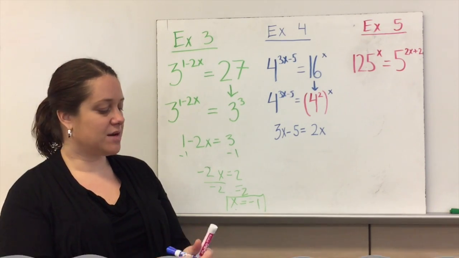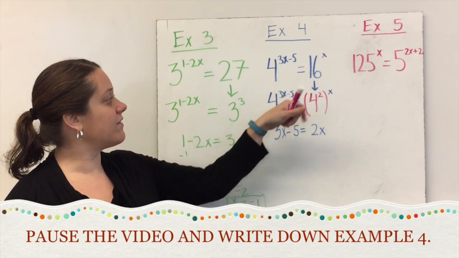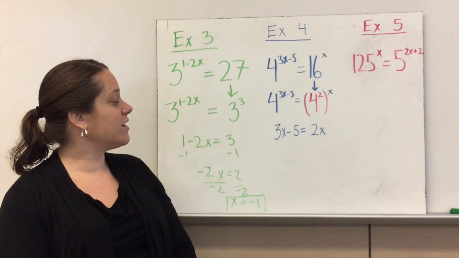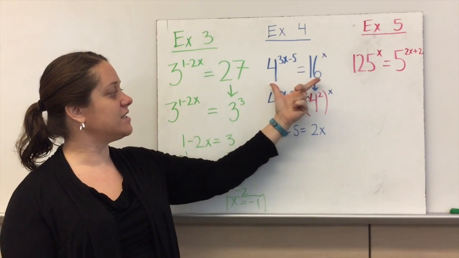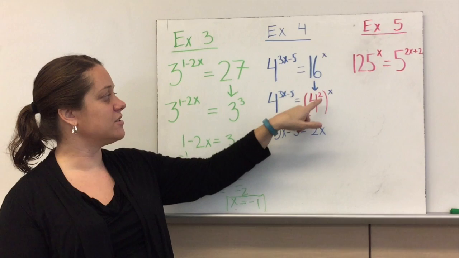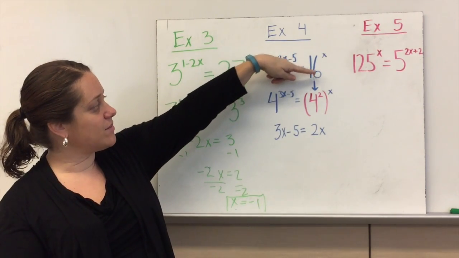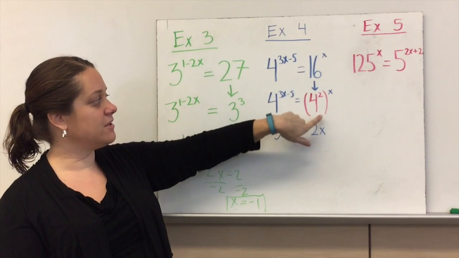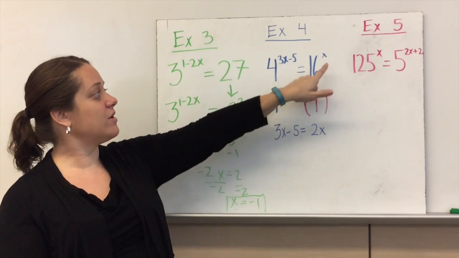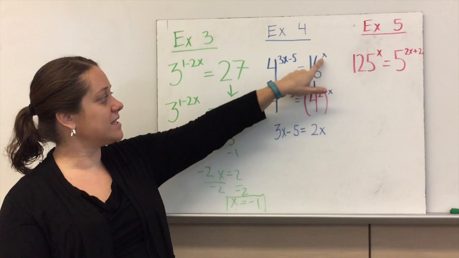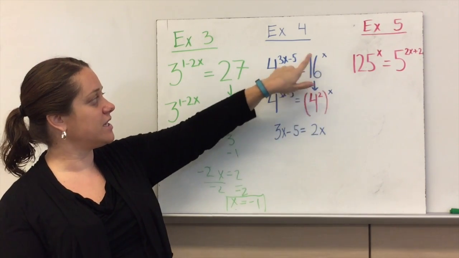Okay, so the next problem, we've got 4 and we've got 16. So if we have 4 and 16, like I said, it's easier to turn the bigger number into a smaller number. So you can see here in pink, I did that for you, that I'm going to turn 16 into 4 squared. Notice I left the x up there because that x doesn't change. I'm just changing the base.